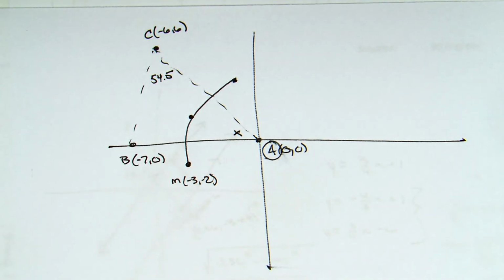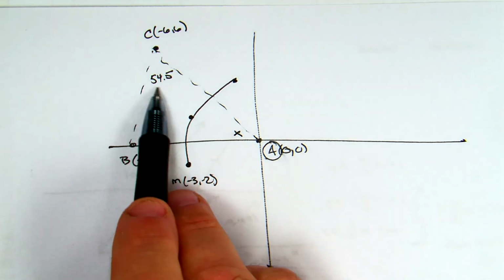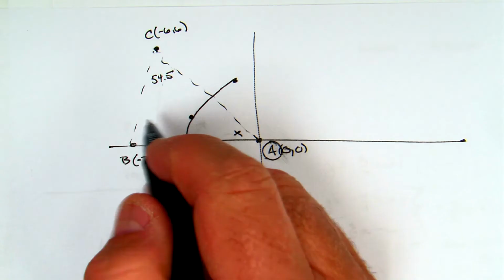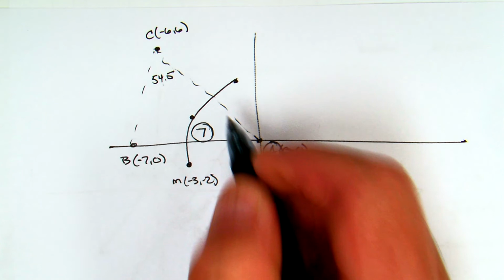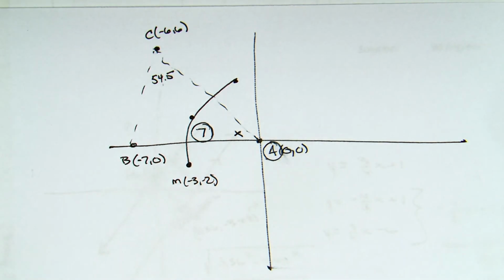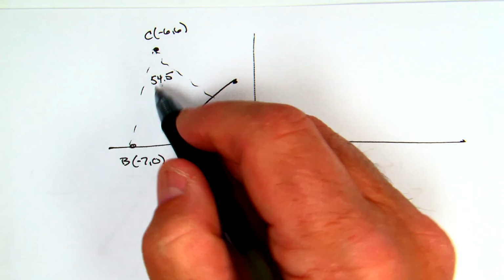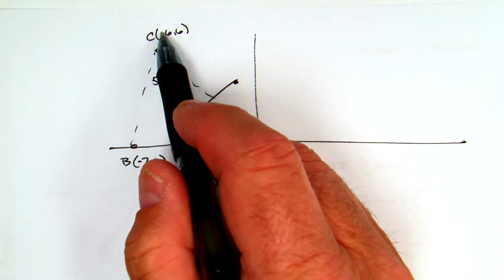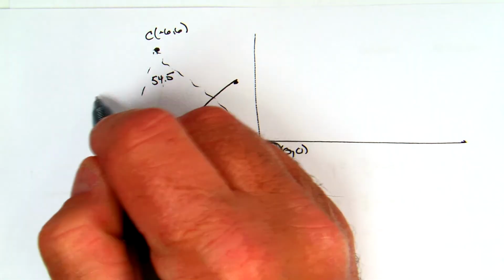Once again, I'm going to use either the distance formula or the Pythagorean theorem to get the side lengths. Since they give me the 54.5, I figure out the distance from (0, 0) to (negative 7, 0). That's 7. I do the same thing over here since I'm trying to find x. I'm going to go from negative 7 to negative 6, which is 1.